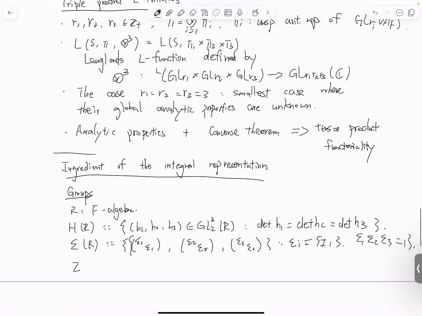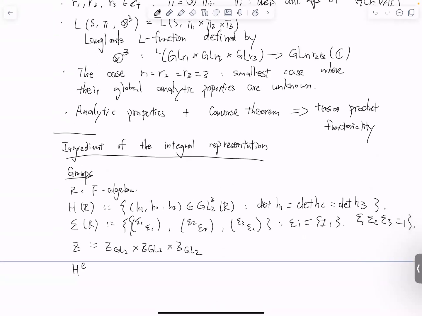And then I denote Z to be the center of GL_2 cross the center of GL_2 cross the center of GL_2. So then I denote H_E to be Z × H mod E. If you know what that is, it's the extension of H_E mod E in the sense of Gan-Ichino.